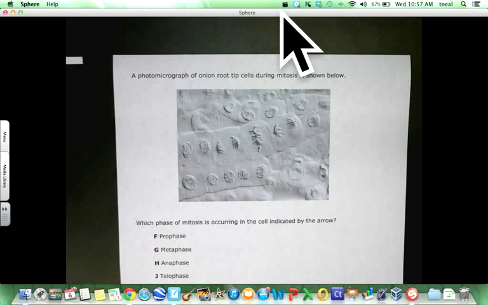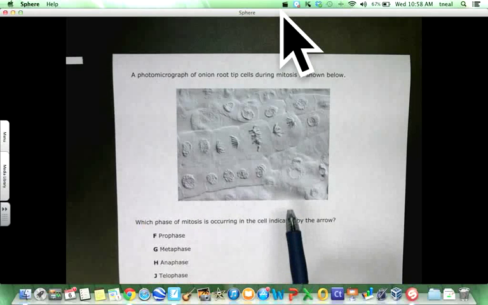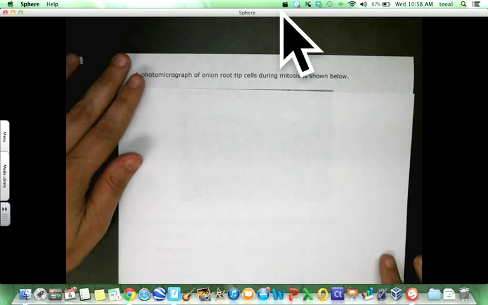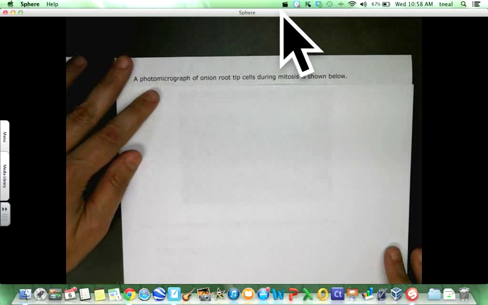Now, when you see a problem on the biology EOC that looks confusing, it may have big words and a picture that's confusing, the first thing I want you to do is cover up the picture, either with your hand or your reference guide that you have. Cover it up.